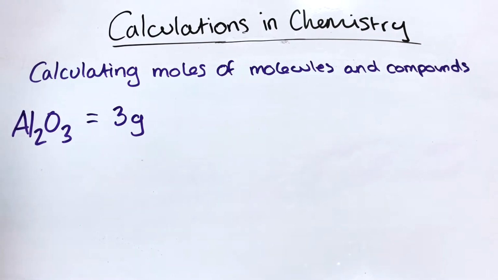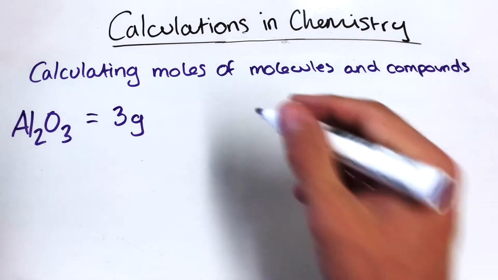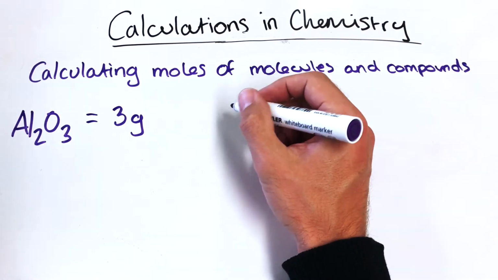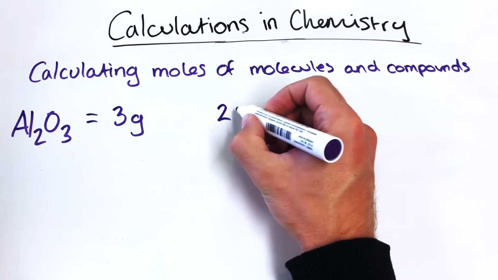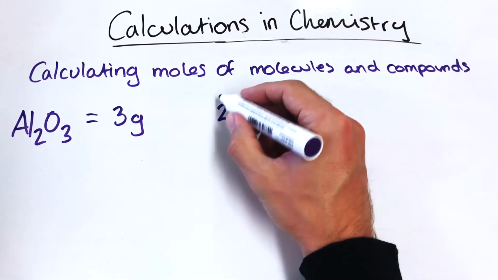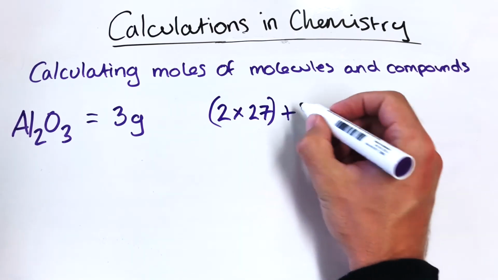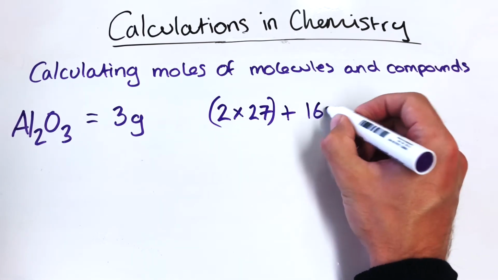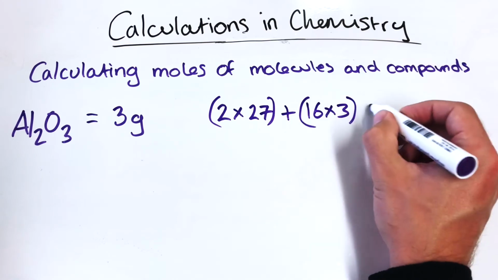So for another example, let's just look at aluminium oxide. So let's say we've got 3 grams of aluminium oxide, and we'd like to know the number of moles of aluminium oxide in 3 grams. So we need to find the relative formula mass of the aluminium oxide by doing 2, because there are 2 aluminiums, multiplied by 27, plus 16 times 3 for the 3 oxygens.